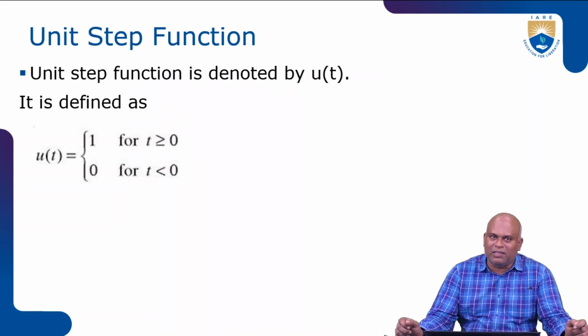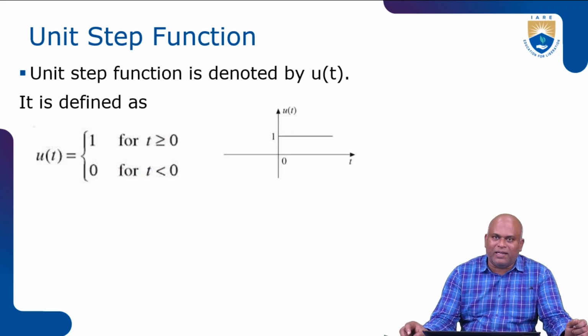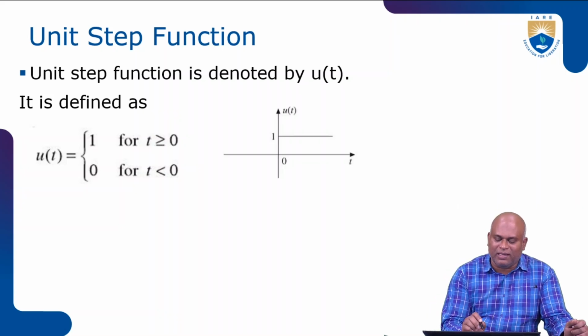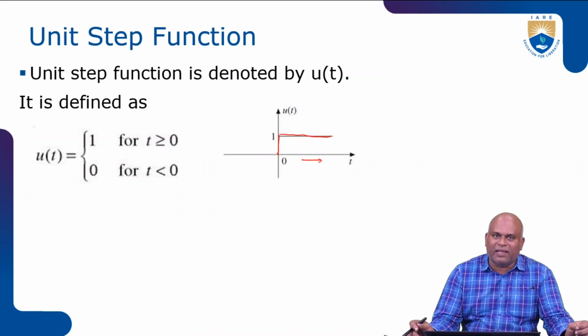We represent this as a continuous time signal. For the graphical representation, when t starts at 0, the amplitude is equal to 1. For all values of t, the amplitude is equal to 1. This is the graphical representation of the continuous time unit step function.